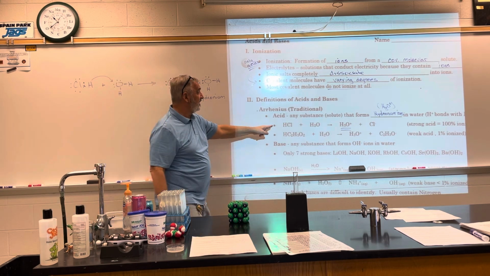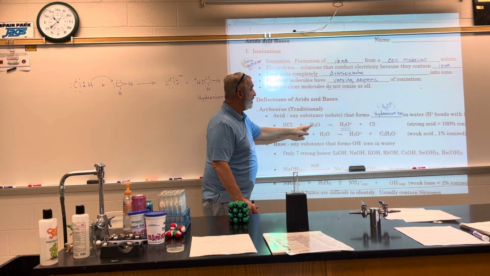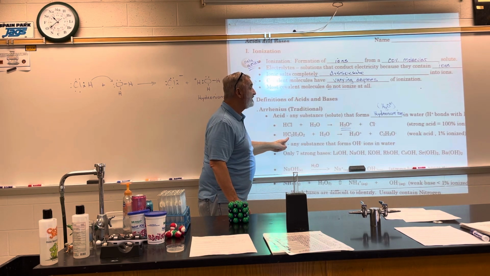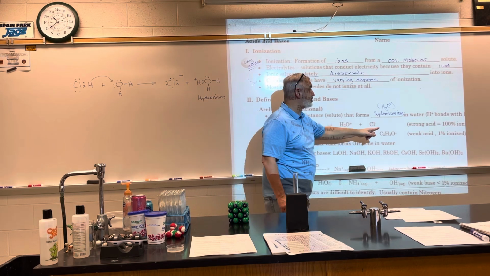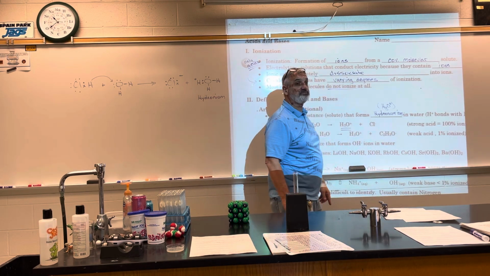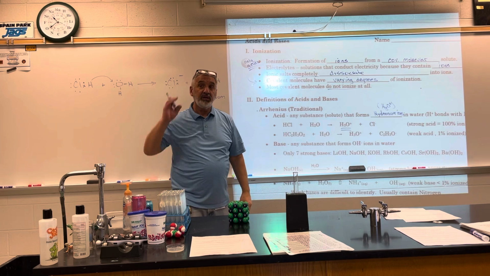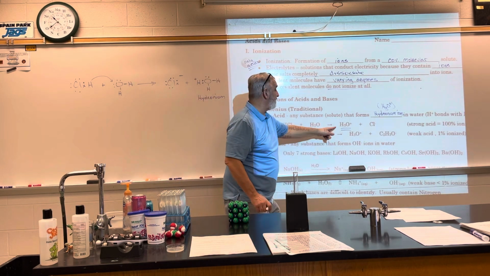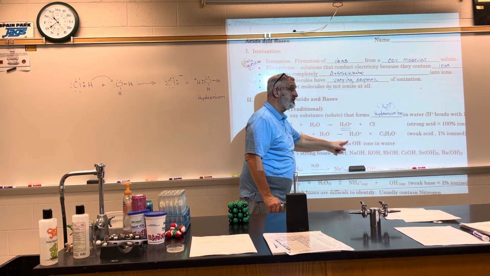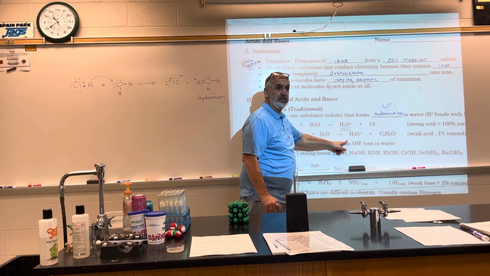So notice here, this is a strong acid, 100% ionized. This is a weak acid, but it's still going to produce this. What's the difference between strong and weak, though? 99%. So what does that mean about the amount of H3O plus here versus the amount of H3O plus here?